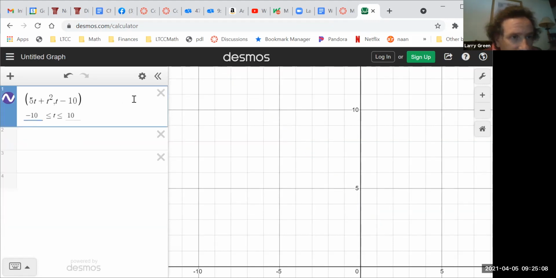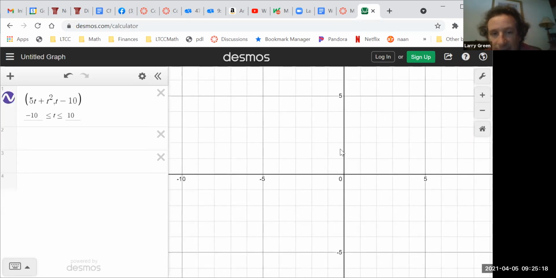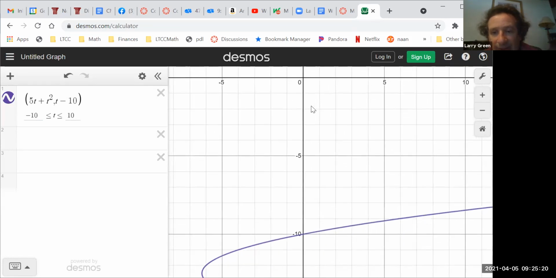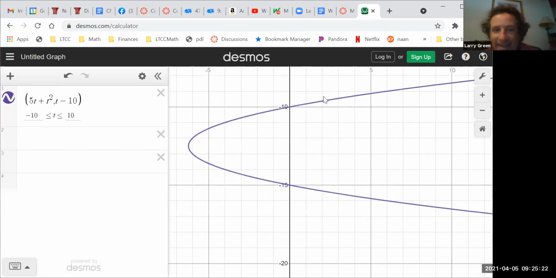Did I type something in wrong? It looked good. I've got to go below, I think. There it is. Got it. Found it. Okay. Because I knew what it was going to look like before, I just had it positioned wrong. Big numbers got big. So you'll notice that this is a parabola, but it's a sideways parabola.